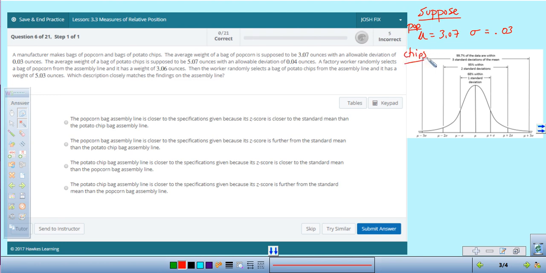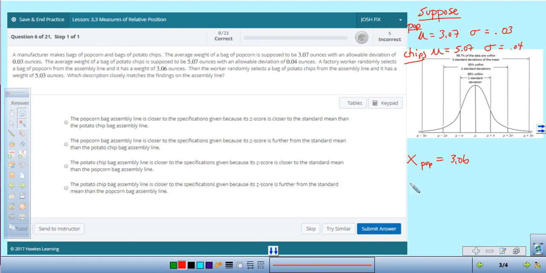And so the standard for chips, the mean is equal to 5.07 and the standard deviation is 0.04. So a factory worker randomly selects a bag of popcorn from an assembly line that has a weight of 3.06. So the sample of popcorn is equal to 3.06.